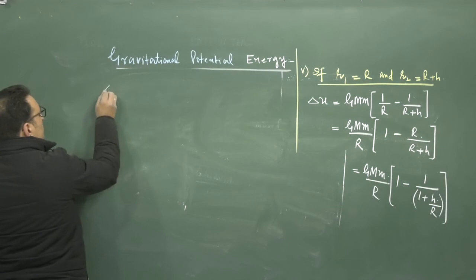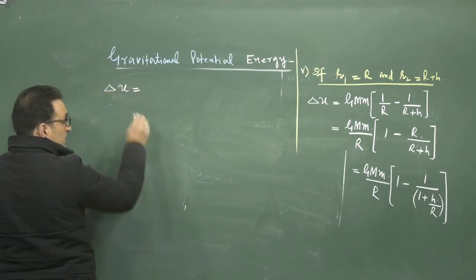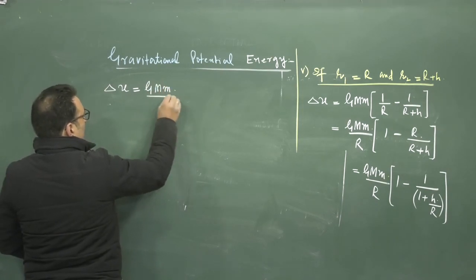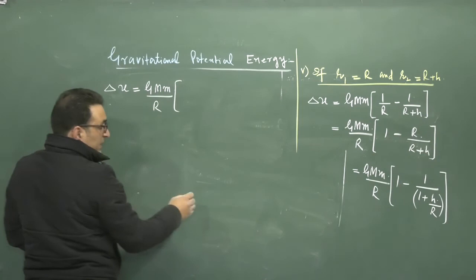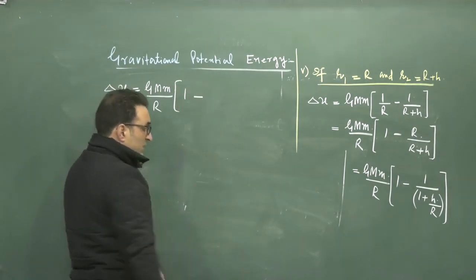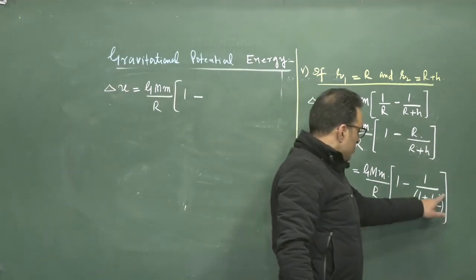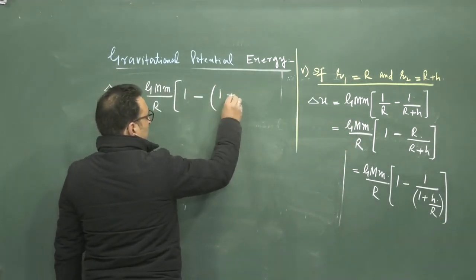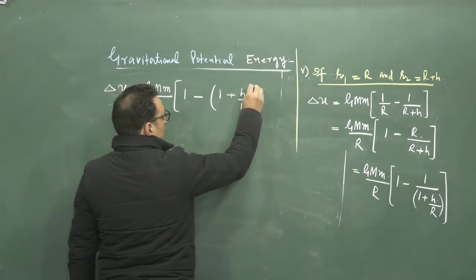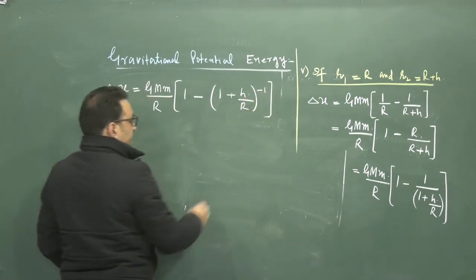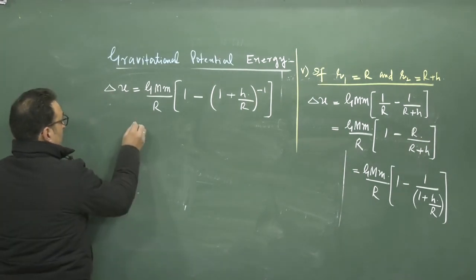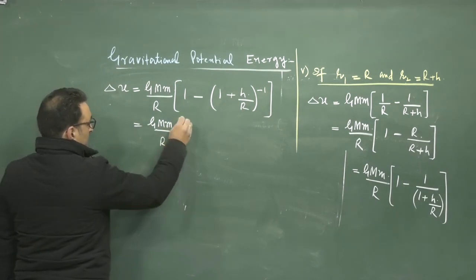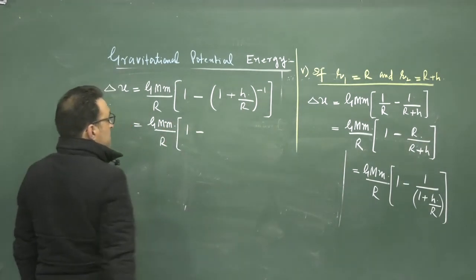Now delta U is equal to, I will write GMm by capital R, inside brackets we have 1 minus, this is 1 divided by H plus R whole raised to power 1, I can write this as 1 plus H by R whole raised to power minus 1. Now this is GMm by R, this is 1 minus.